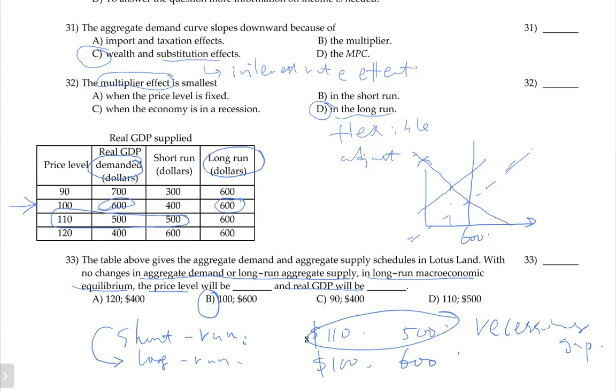This recessionary gap will push down the wage rate, and then aggregate supply will shift to the right. So eventually we are here. This is short run equilibrium, and this is long run equilibrium. So again, the answer for 33 is B.